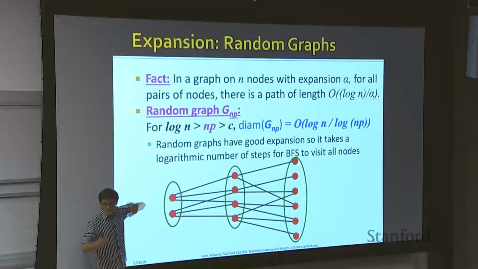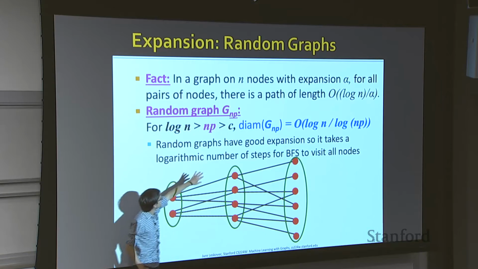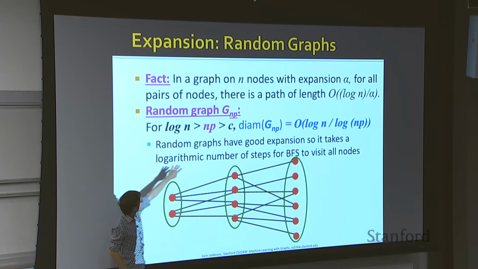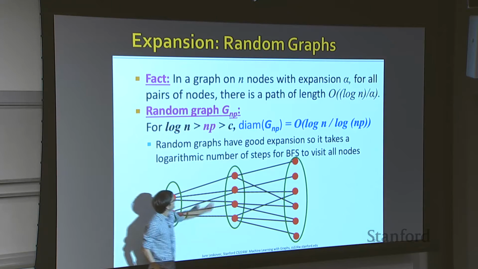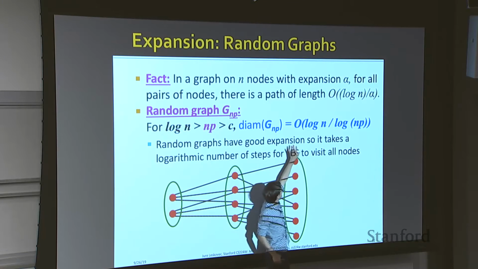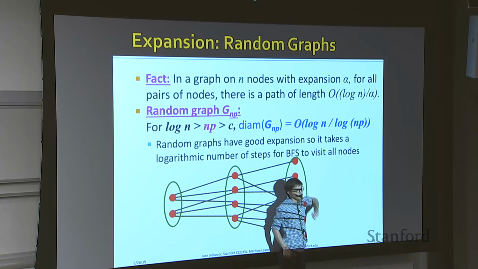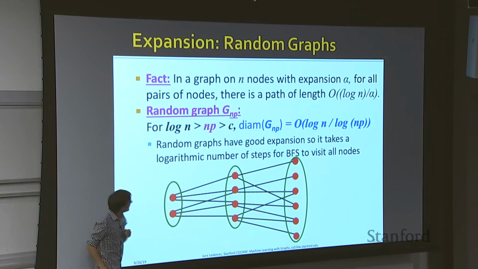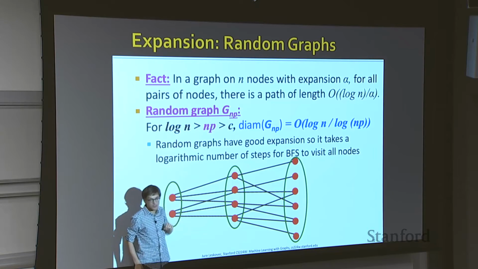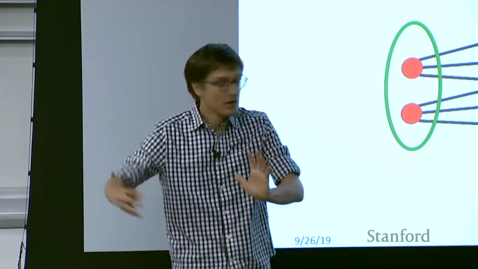So what is the precise expression for the random graph? When n times p is between log n and some constant c, where np is the average degree, then the diameter of the graph is of the order log n divided by log np. So you can just think of essentially log n as what matters. Now, why do I have this log n and that constant? I need some reasonable degree to have small diameter.